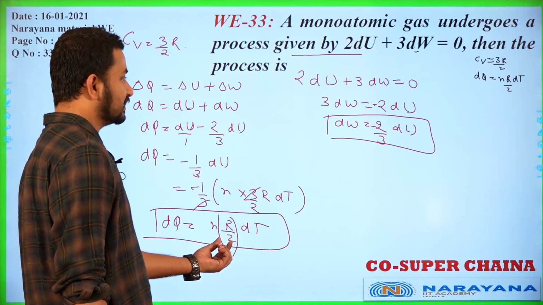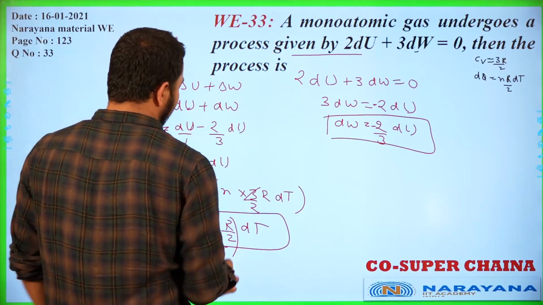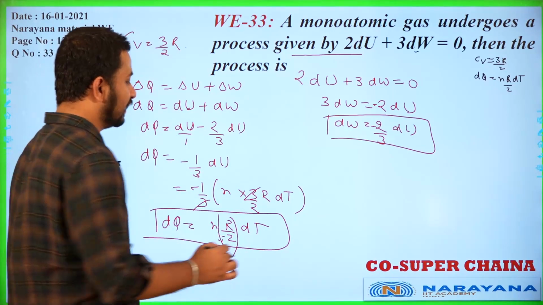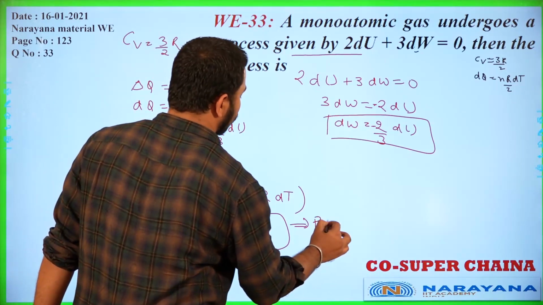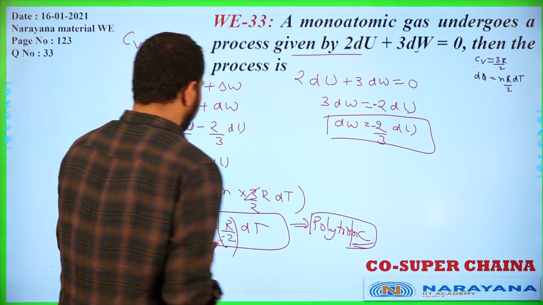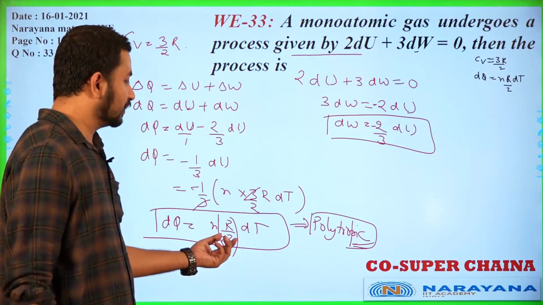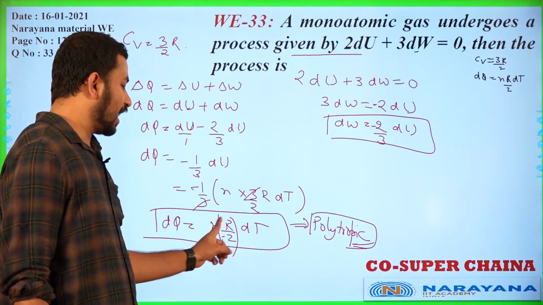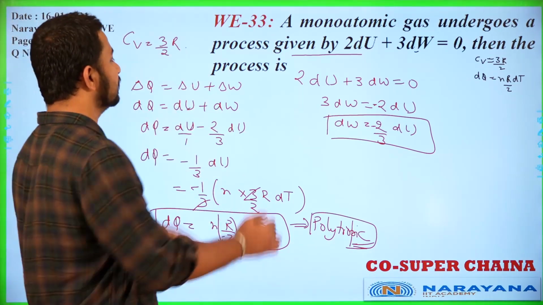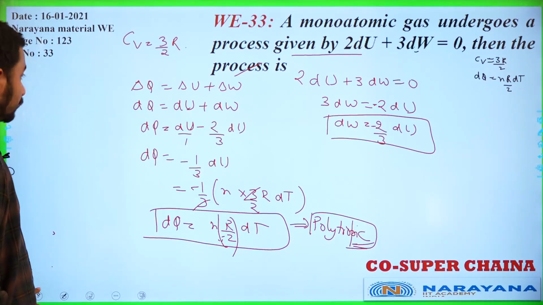For adiabatic and isothermal, this will not exist, because it will be 0 and infinity for the isothermal and adiabatic processes. So this exists only for a polytropic process. This Cv value is coming r by 2 here, so this is a polytropic process. That will be the answer for our question. So let's proceed to the next question now.